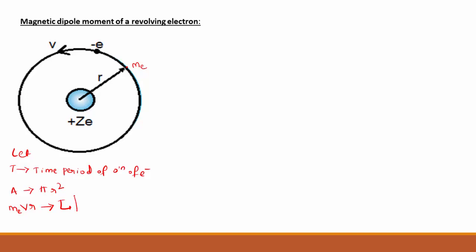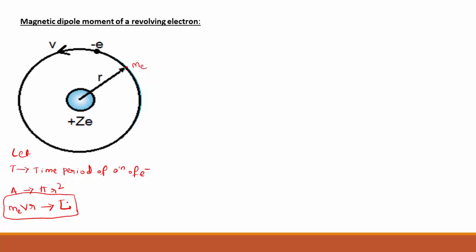In first PUC, in the topic of system of particles and motion in a plane, we already used this term. It is denoted by the symbol l or capital L. L is equal to me into v into r.